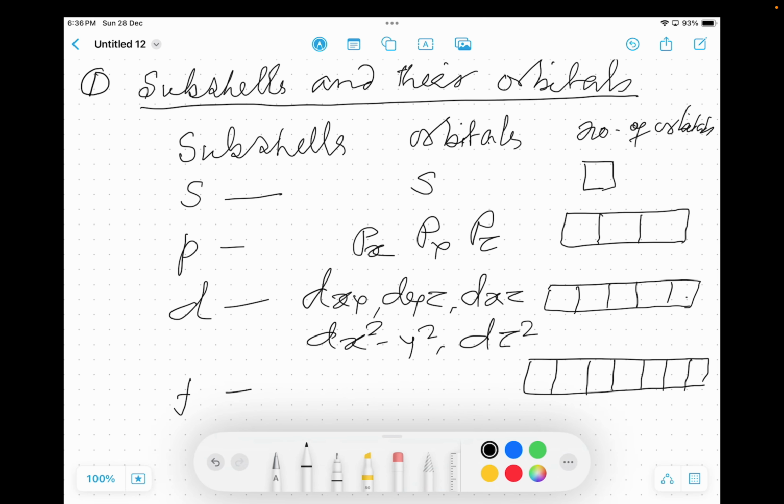So we must memorize these 4 subcells and their number of orbitals.